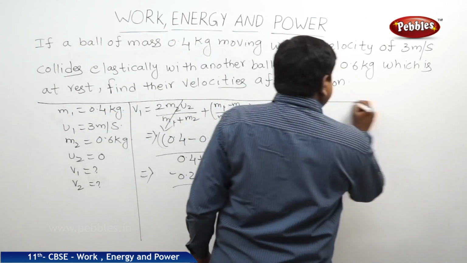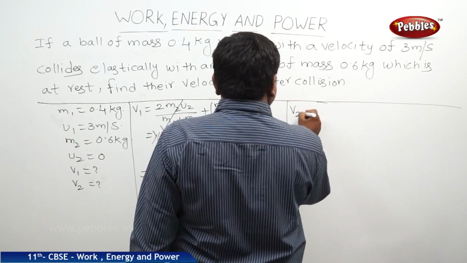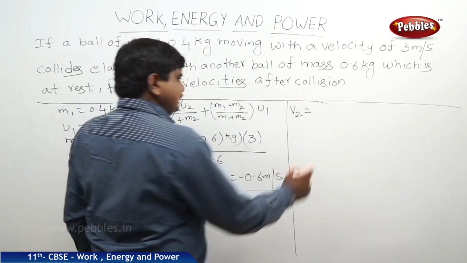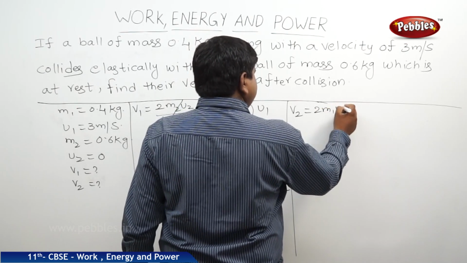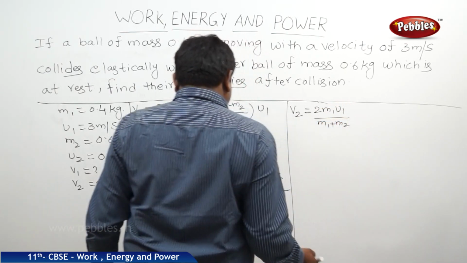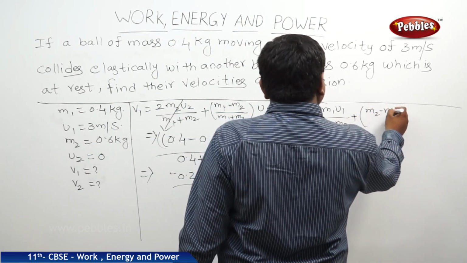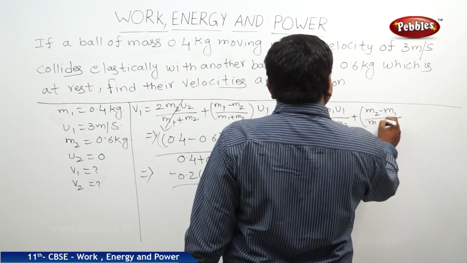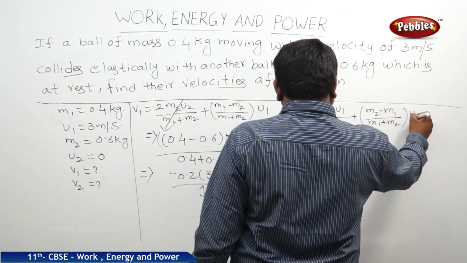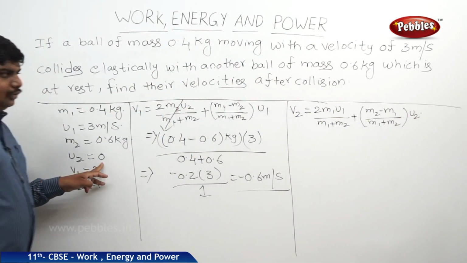The next one is v2. The equation for v2 is 2m1 u1 by m1 plus m2, plus m2 minus m1 by m1 plus m2 of u2. Automatically u2 is 0.